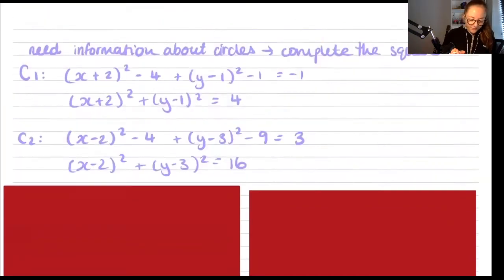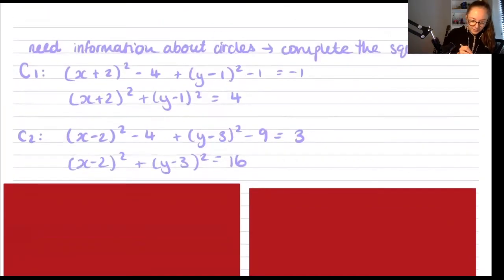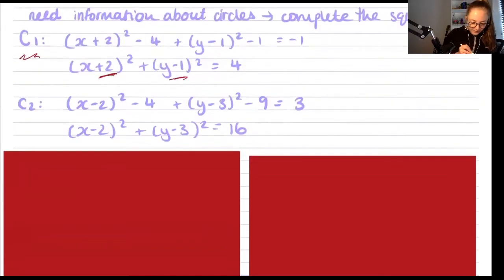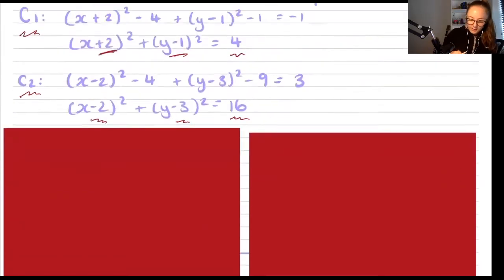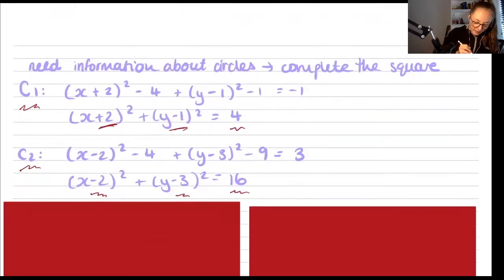And then this tells us that the center of this circle that I've called C1 is (-2, 1). And then the center of this circle that I'm calling C2 is (2, 3). And our radius is √4, and then the other radius is √16. But in this question, we don't really need to know anything about the radii.